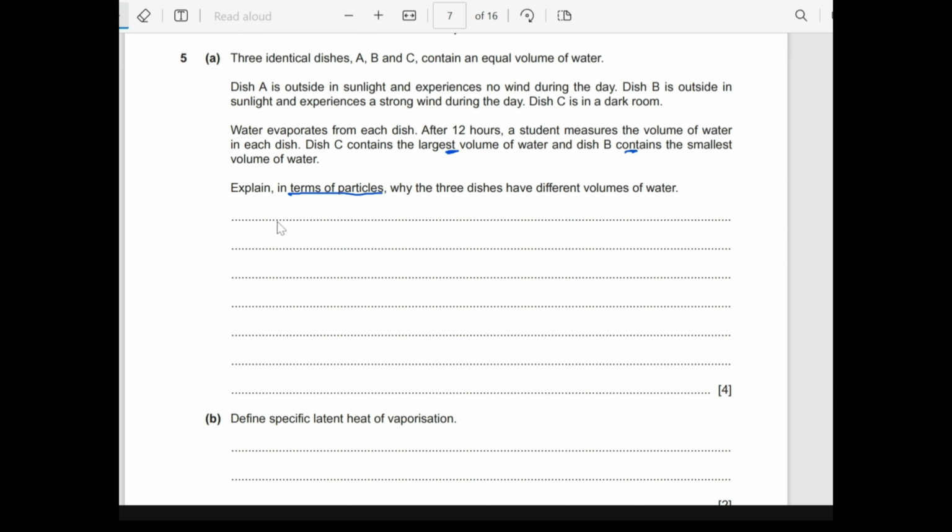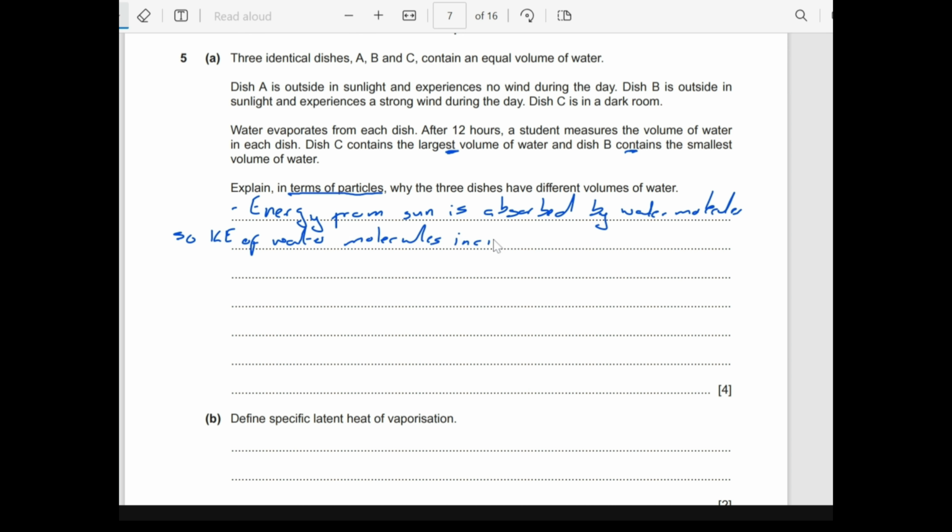So to explain this, I can say that energy from the sun is absorbed by water molecules, so the kinetic energy of water molecules increases.